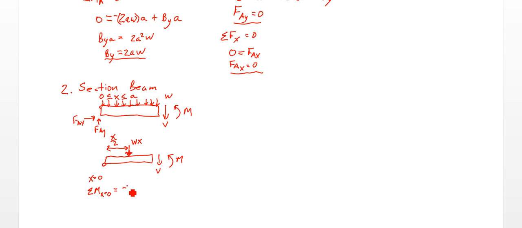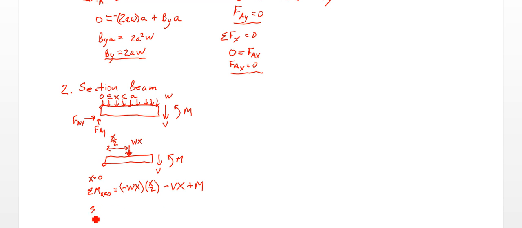So it's going to be negative Wx times x over 2. And then I also have the contribution from my shear here, which is also a clockwise moment, so negative Vx, and then plus, so this moment here is counterclockwise, plus my moment.